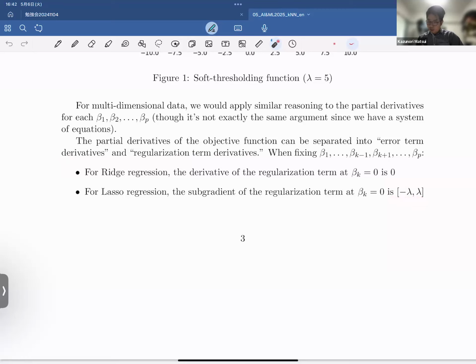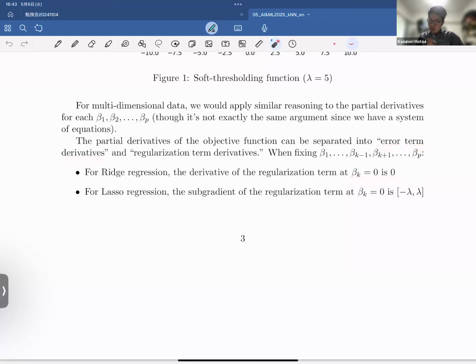For ridge regression, when beta k is zero, the partial derivative of the objective function is zero only if the partial derivative of the error term is also zero.